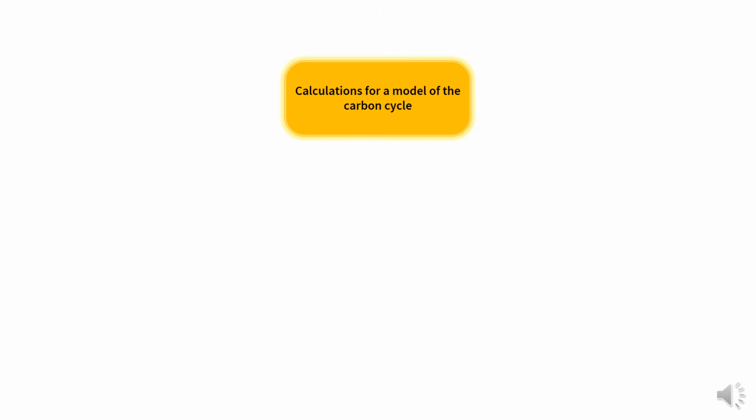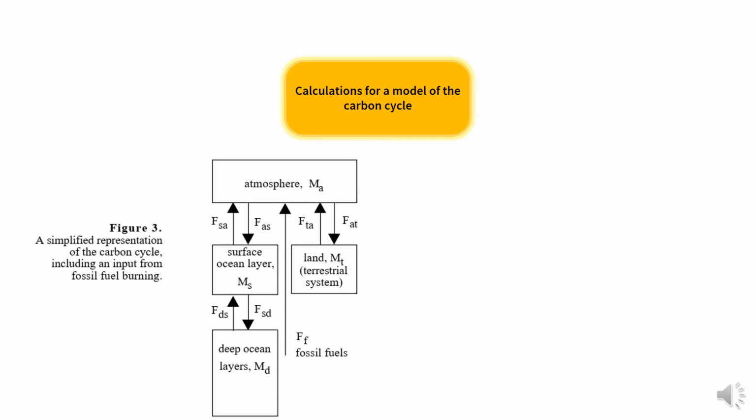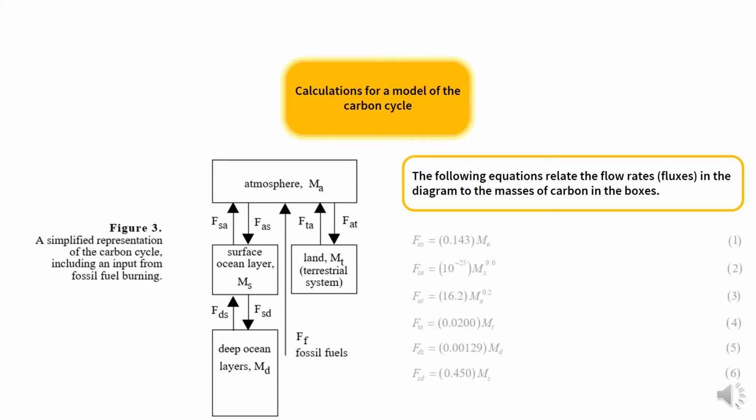Based on the figure, we can get the following equations that relate the flow rates or fluxes in the diagram to the mass of the carbon in the box. The equations come from some references, and the numerical values of the coefficients were derived from data presented in this reference.